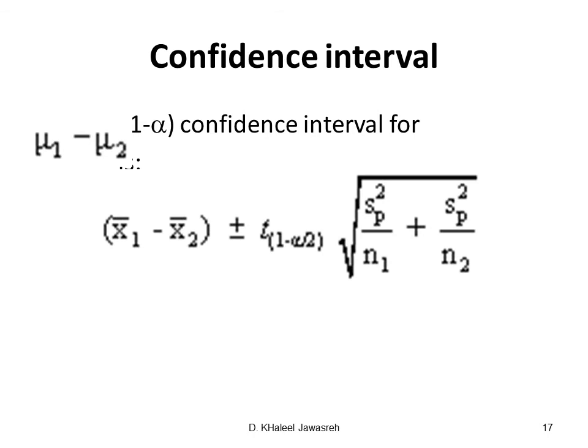Confidence interval in this case, as you see from this formula, we will use the standard error which has been discussed: S square p over n1 plus S square p over n2, and we will use the differences. This is the same formula used previously: the difference between the two means, x1 bar minus x2 bar, plus or minus t.